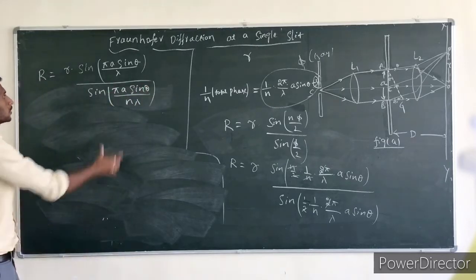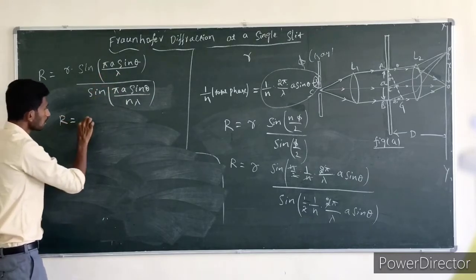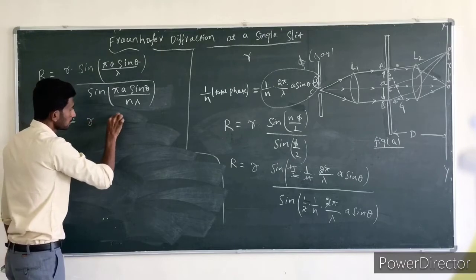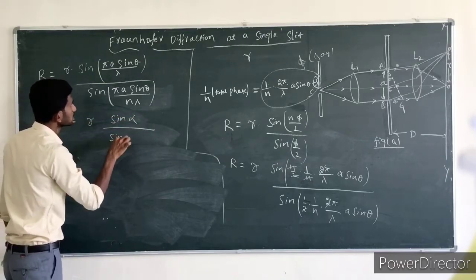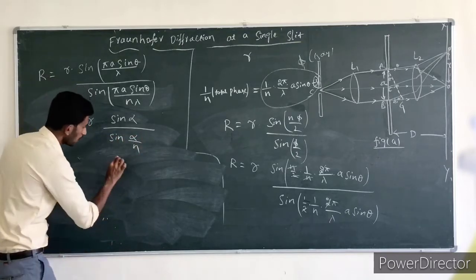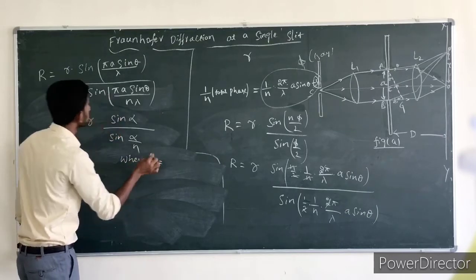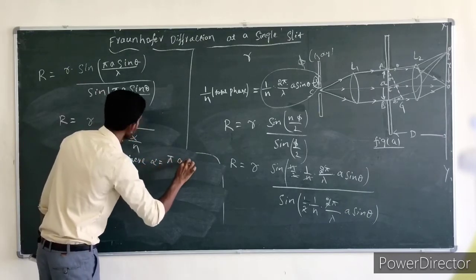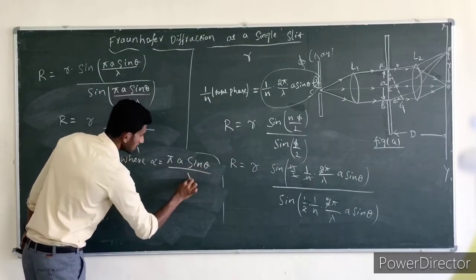Clear? Now I will write this equation as R is equal to r into sin alpha divided by sin alpha by n, where alpha is equal to pi a sin theta divided by lambda.